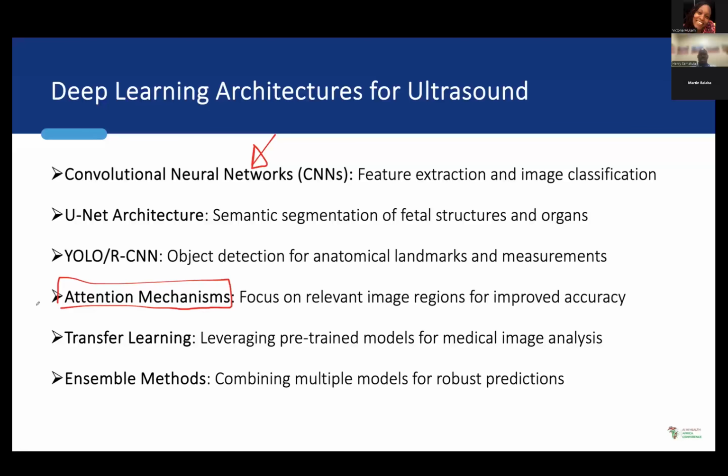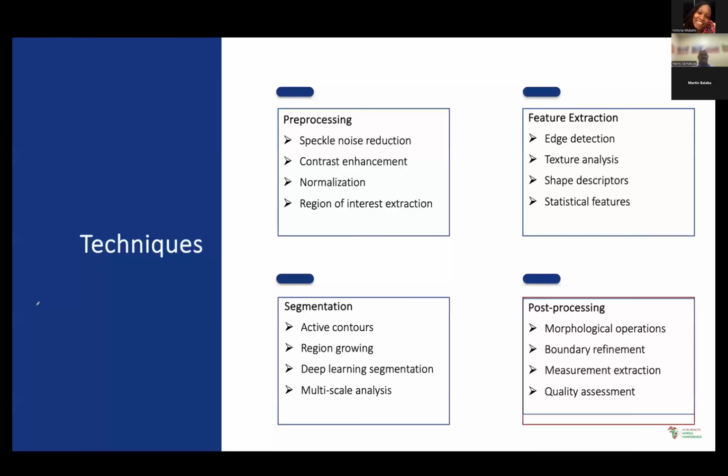So these are some of the deep learning architectures that you can use, and you can also apply UNet, which falls under CNN. These are some of the architectures that you can use in computer vision.